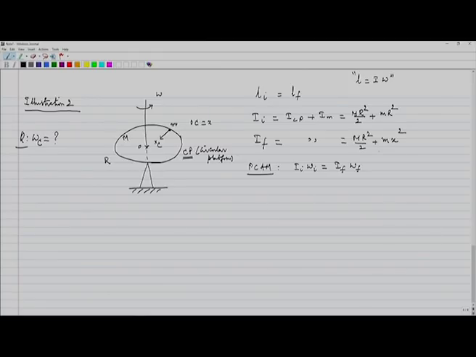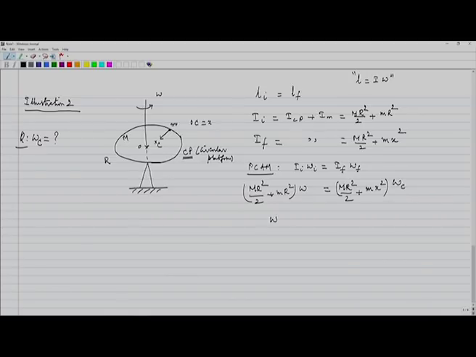So we equate these two: (M R squared by 2 plus m R squared) times omega is equal to (M R squared by 2 plus m x squared) times omega at C.